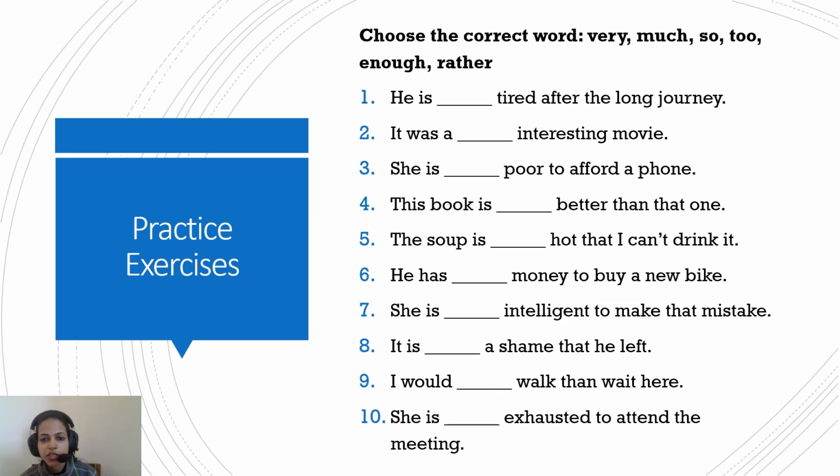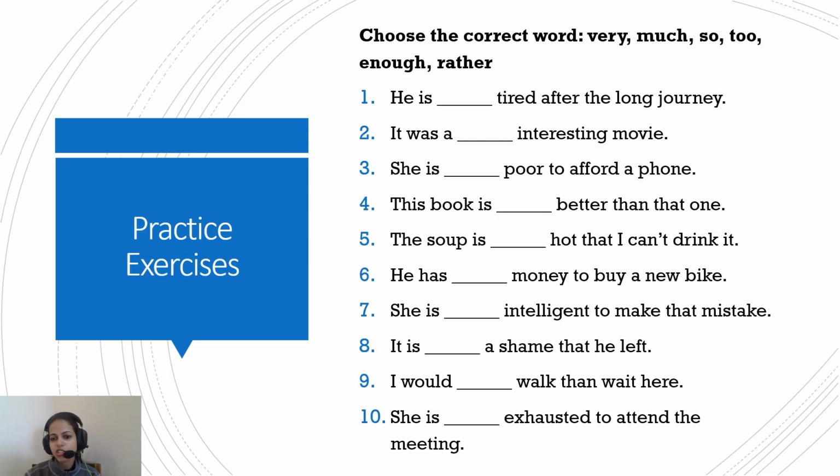Okay, let's do the questions now. He is dash tired after the journey. He is too tired after the journey, but there is no negative implication here. So that could not be the correct choice. He is very tired, because tired is a positive degree adjective. Yes, so he's very tired.